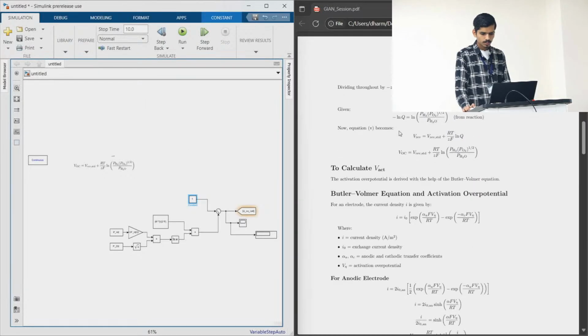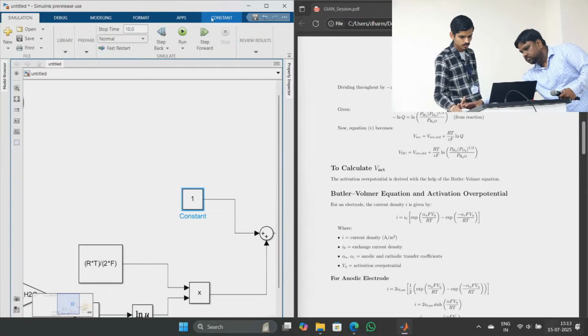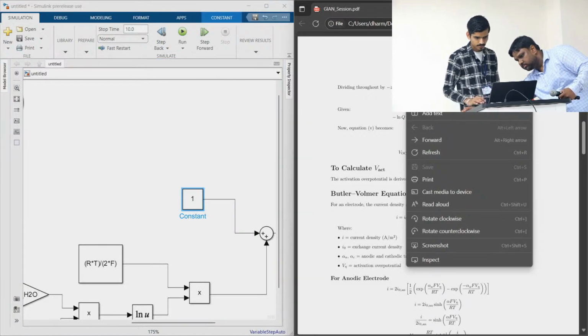Okay. So we are implementing this equation. This one. Control plus and the mouse. Anyway, I have shared that.